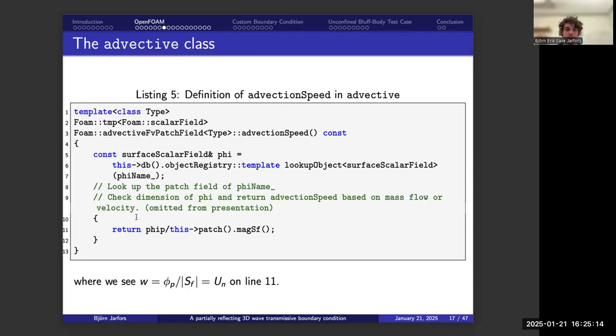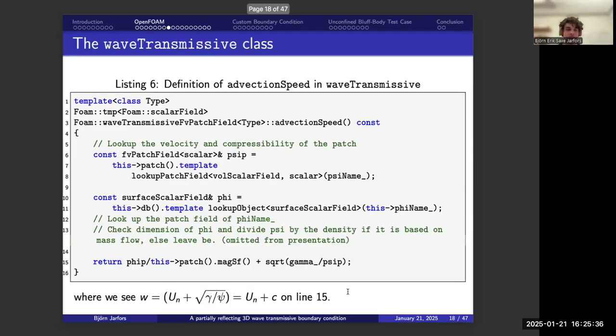For velocity, it will return the phase flux divided by the patch magnitude surface normal gradient, which basically says that it will return the normal velocity.